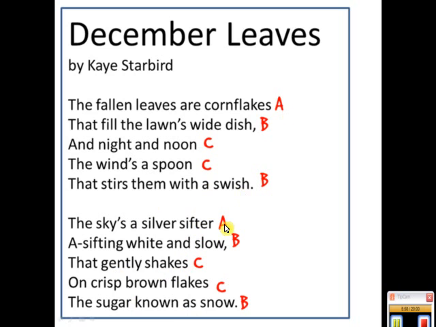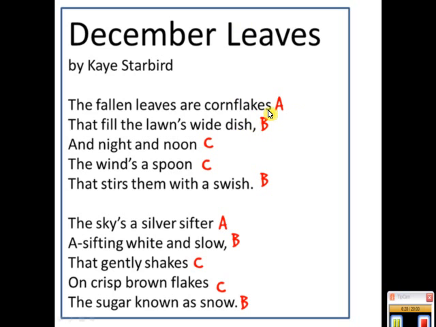Now let's try to examine this poem. Remember that you only have to focus on the last sound of each line. The fallen leaves are cornflakes that fill the lawn's wide dish. And night and noon the wind's a spoon that steers them with a swish. Cornflakes is automatically letter A. Then you have dish.